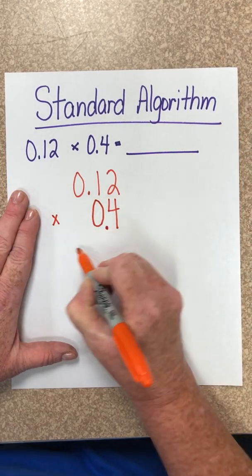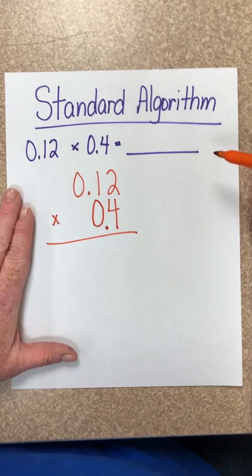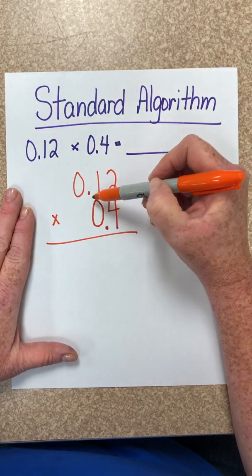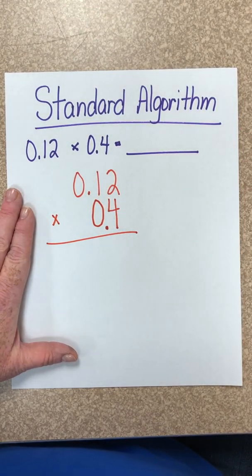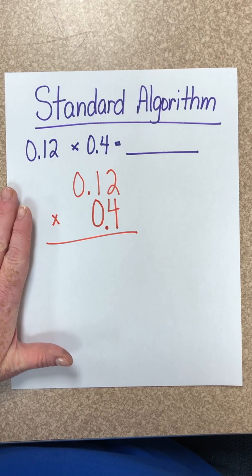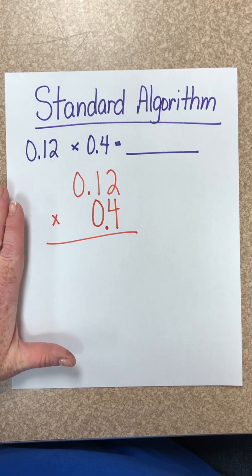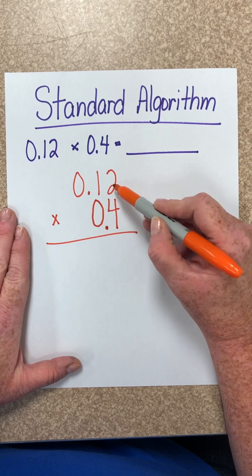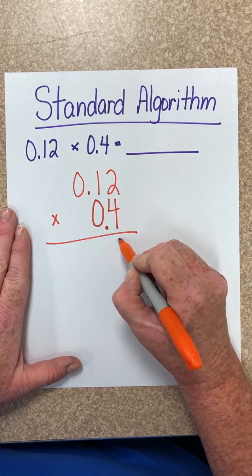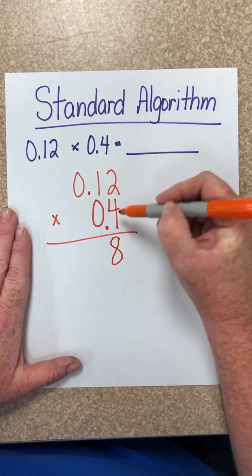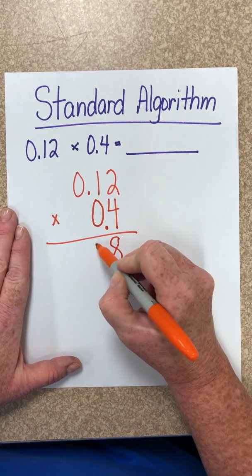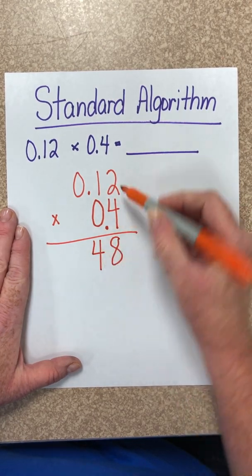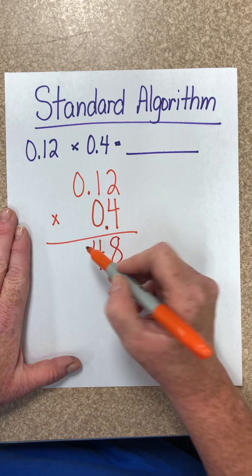And now we multiply. Notice that my decimal points do not line up when we multiply decimals. Now, sometimes they can and they will, but they don't always line up. So let's begin our multiplication. 4 times 2 is 8. 4 times 1 is 4. 4 times 0 is 0.